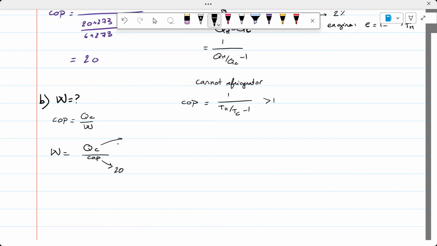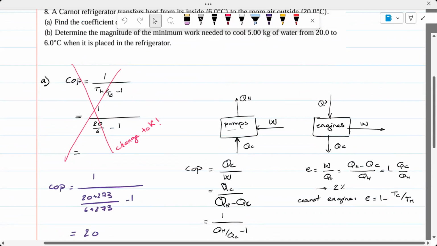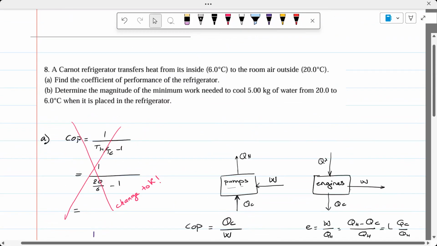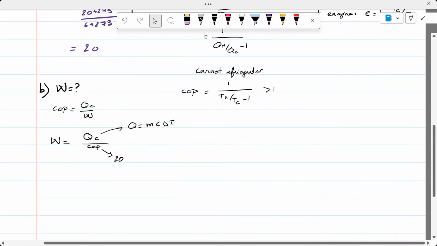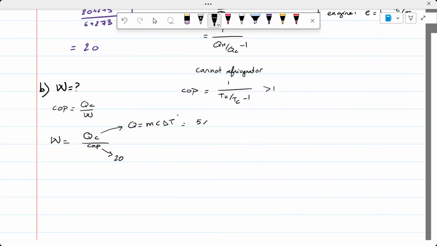Now, the amount of heat that we are going to be removing is going to be equal to MC delta T because I'm cooling water from 20 to 6. I will, of course, use the specific heat of water, 4186.